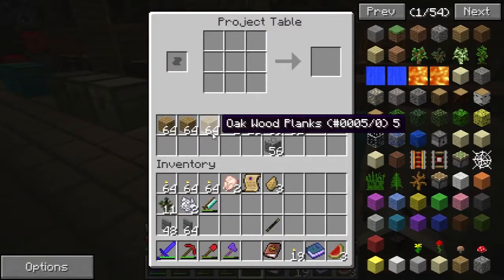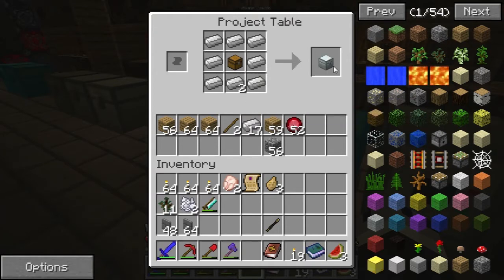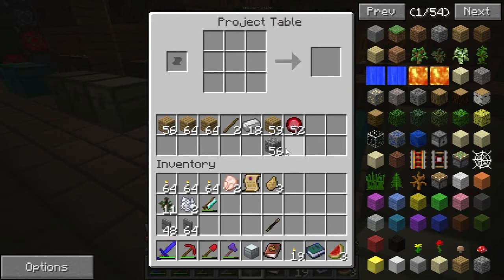Where's my project table? There it is. Need to make an iron chest for my research notes. Like this. There we go. Okay, so now I have an iron chest for my research notes, and then I'm also going to need 2 buckets to make an infinite water source.